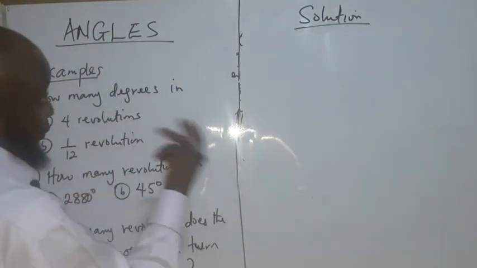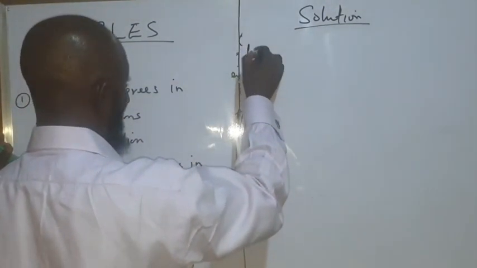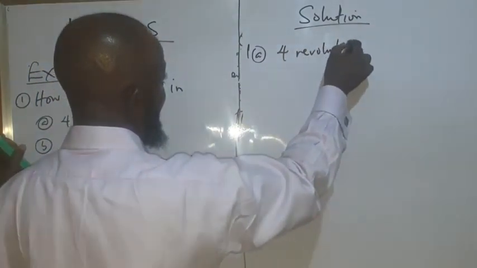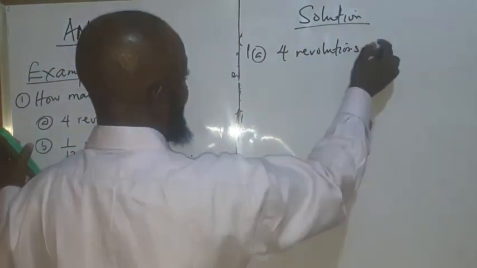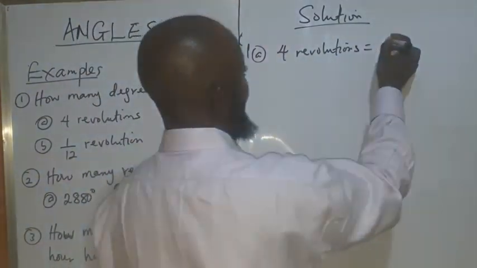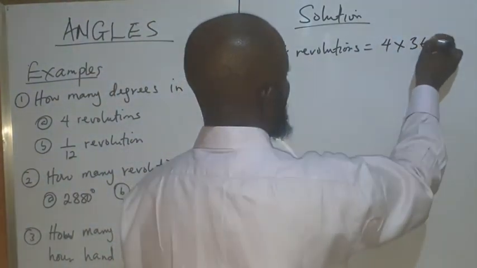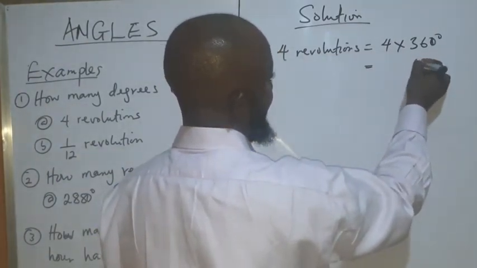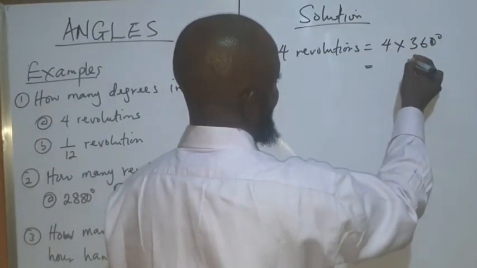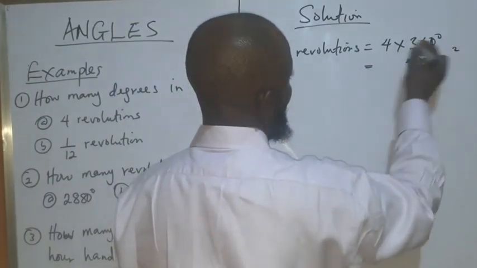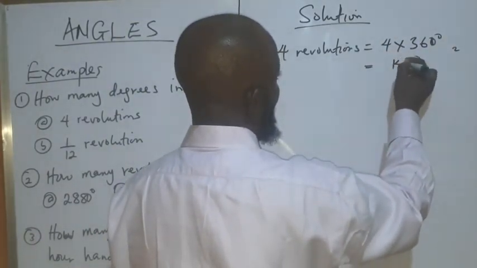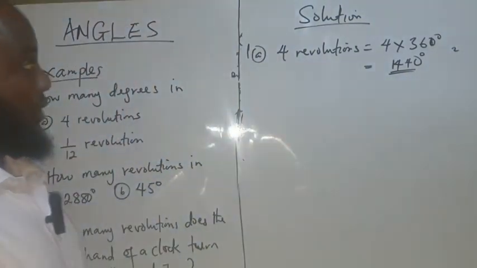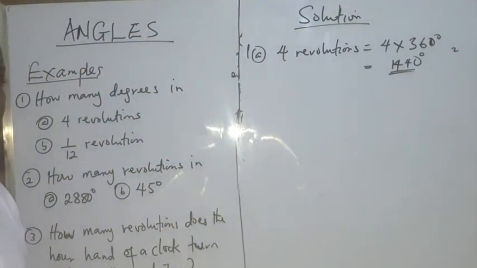So 4 revolutions will be 4 multiplied by 360 degrees. 0 cancels 0. 4 times 6 is 24. The 2, this is 12. That is 1440 degrees. That's 4 revolutions. Is that very clear?